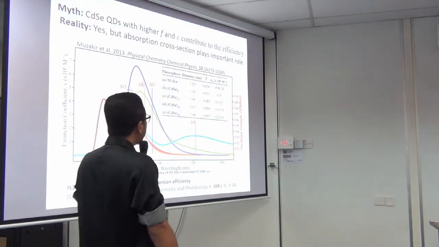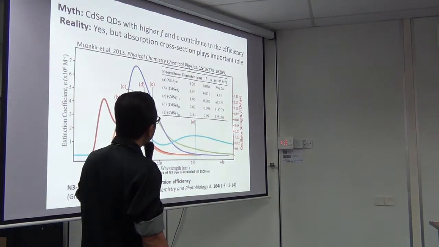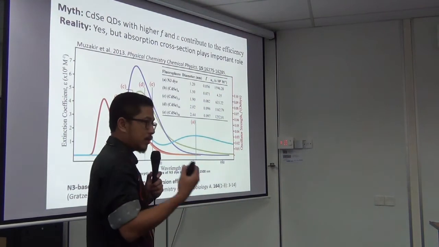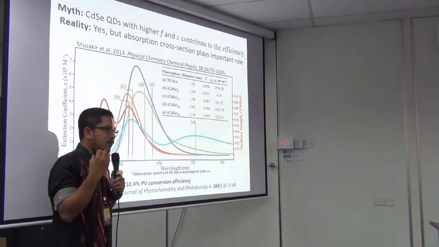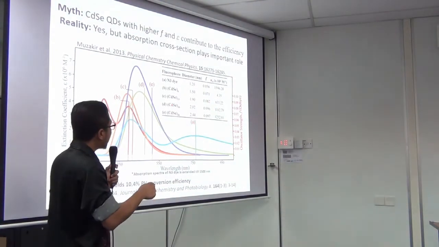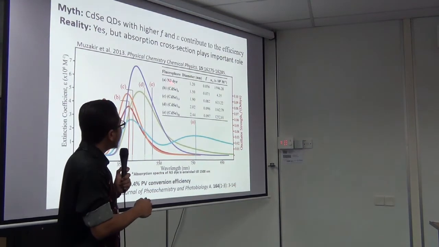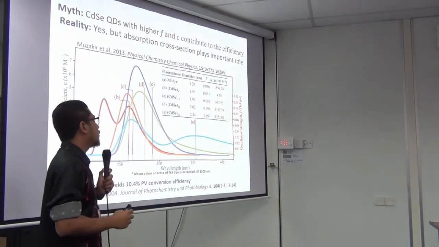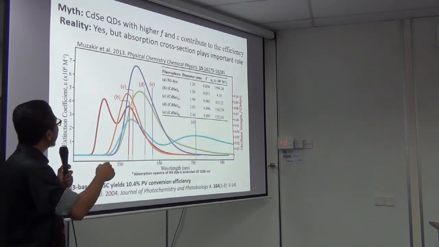So if you refer to the value of F over here, it looks like the electrons in CdSe 26 vibrate stronger than the other clusters, and the electron in the N3 dye vibrates the lowest. And how about this axis?